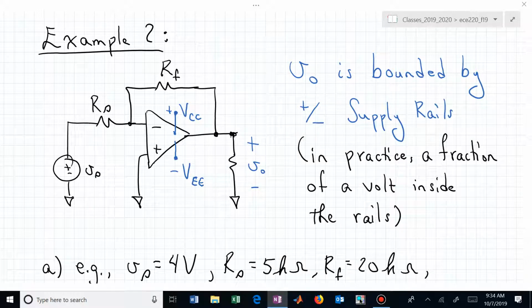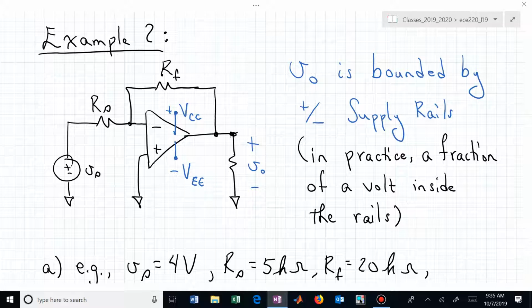Let's go just another step further. Negative feedback. And what's the functionality of this operational op-amp circuit? How is it going to behave? What do we know? The way that this is now connected, what do we expect to happen at the output?